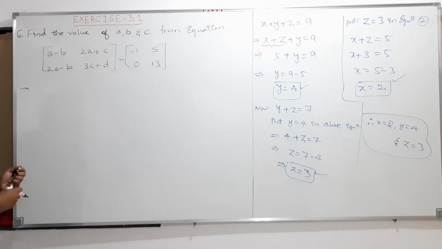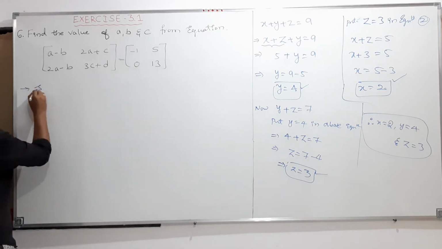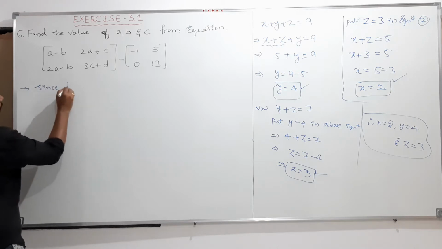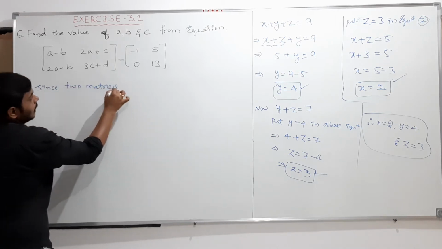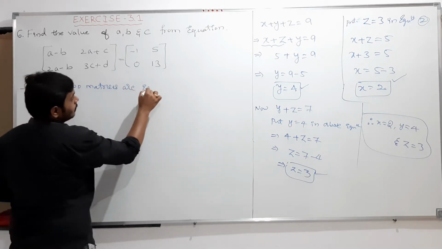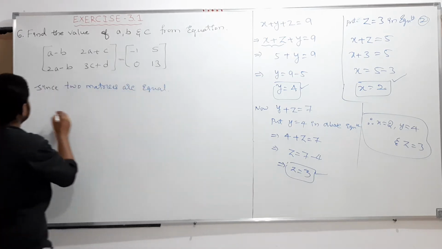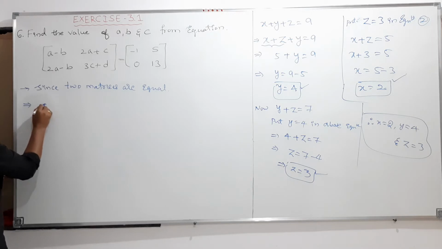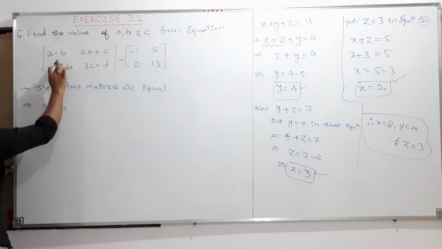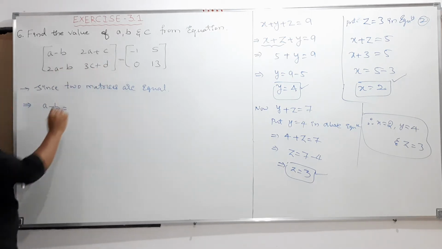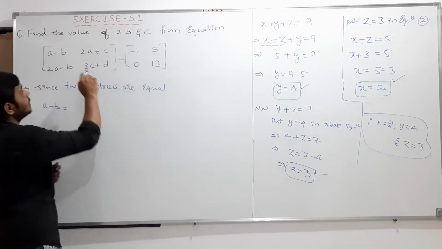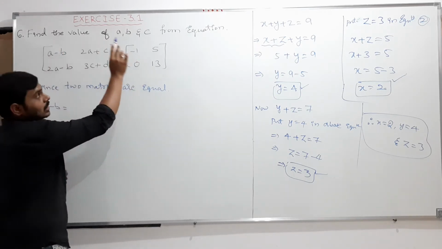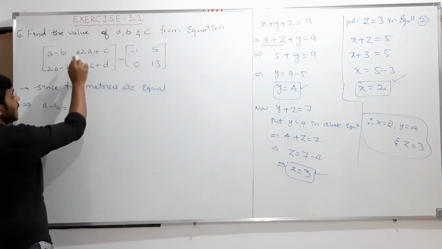So since the two matrices are equal, this implies A minus B is equal to this element. Equal means the order must be the same and each element of this matrix must be equal to each element of the other matrix.